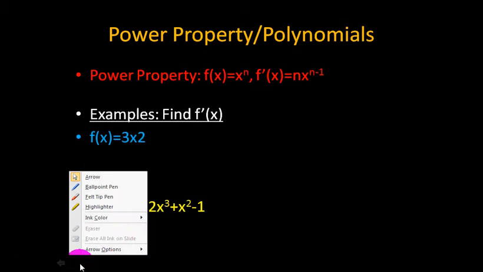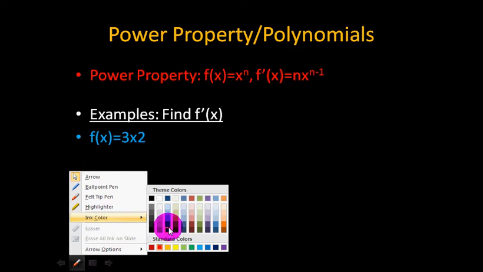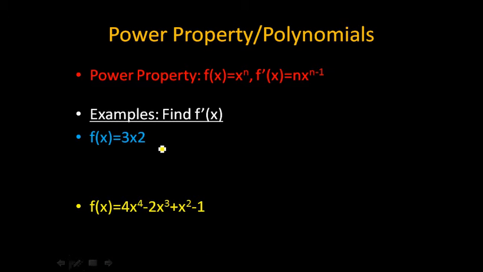Okay, so for the first one here, that should be squared, not just 2. So 3x squared. So what we do using this is, if you remember from the last slide, we just multiply the constant out, so 3 times, and then multiply it by this.